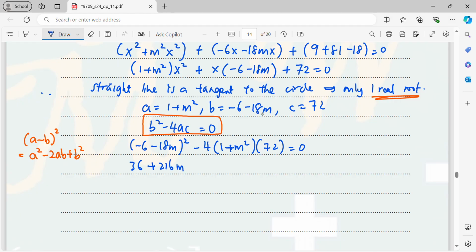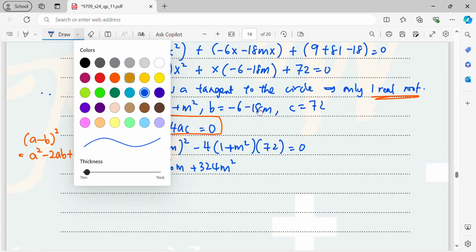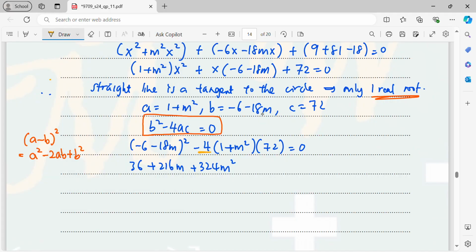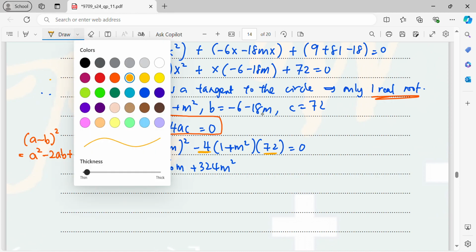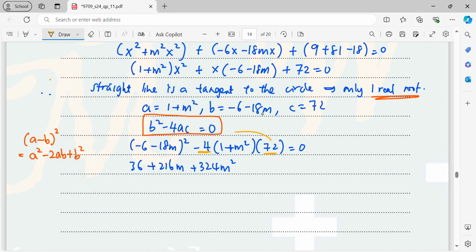Minus 18m squared, you square minus 18m, so that is 324m squared. Okay, now this minus 4 times 72, that is negative 288. So negative 288 you multiply to 1 plus m squared. Then you will be getting minus 288 minus 288 m squared equals to 0.